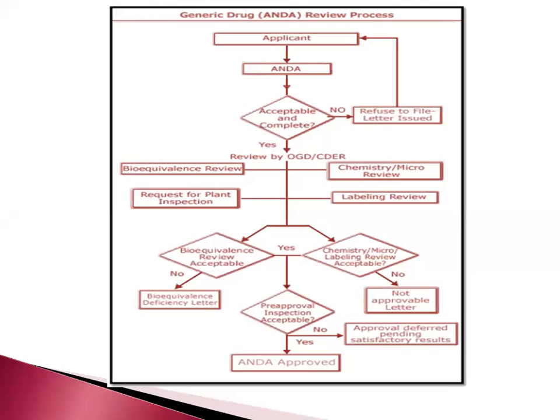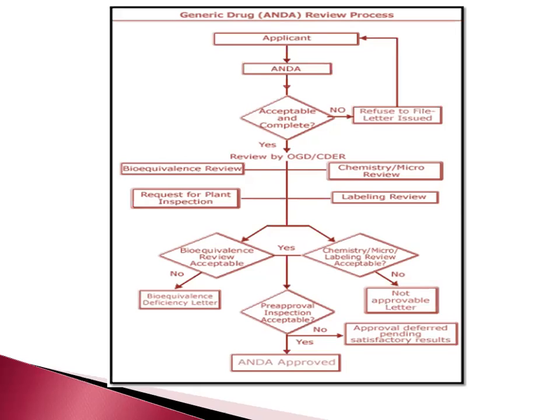So review by different regulatory agencies. They will check bioequivalence review and chemistry micro review, labeling review, and request for plant inspection. These are 4 types of studies done in ANDA application. If the application is not complete or not acceptable, in that case, they will send refuse to file letter to the sponsor or applicant.